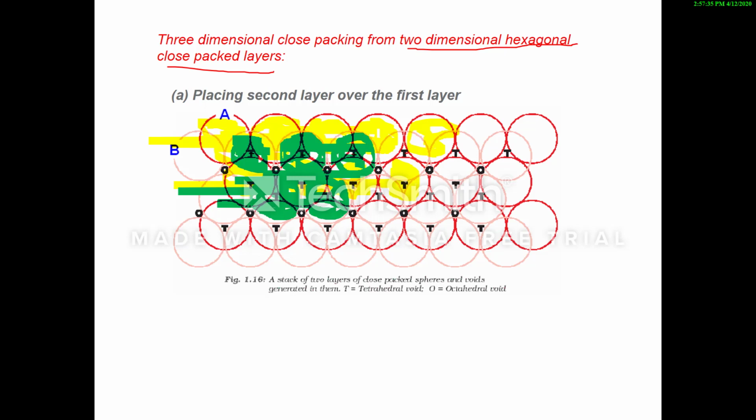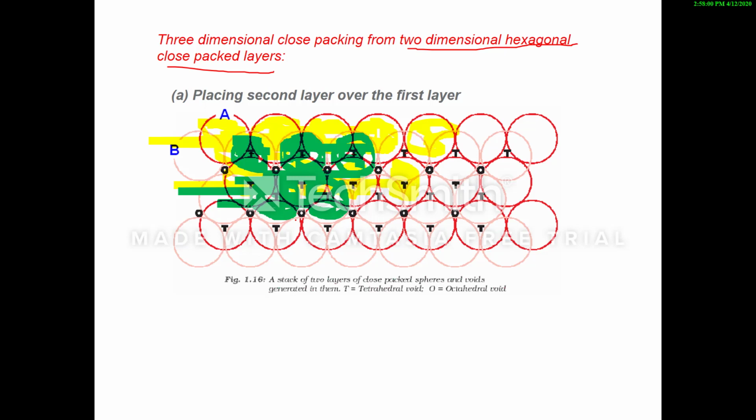But you see, this is the triangular void which is not covered by the particles in the second layer. Clear? Now in this way we get some new types of voids, and we will see what these types are. So this is the arrangement of the two-dimensional hexagonal layer in the first layer and in the second layer.